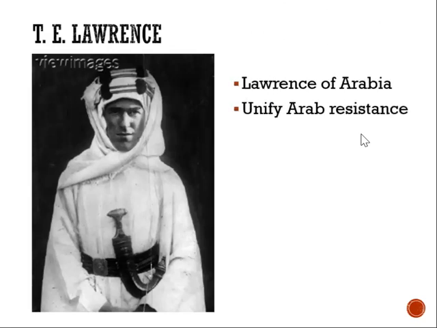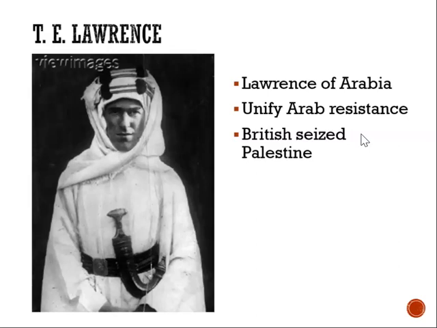So when World War I breaks out, he is assigned to work with maps, cartography for the British Army. And they soon realize he knows Arabic, he knows the area, and so they assign him to go to what today would be Jordan, Saudi Arabia, those areas, and to try to unify the Arab people in resistance to the Turks. And he had basically promised the Arab leaders that they could have independence.